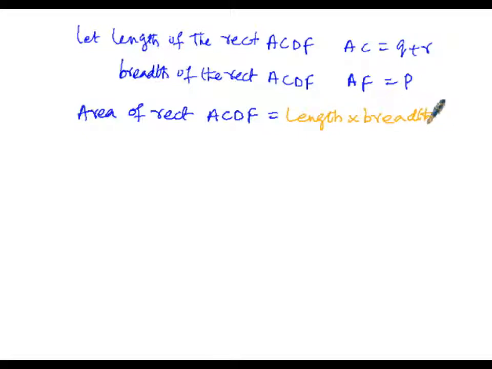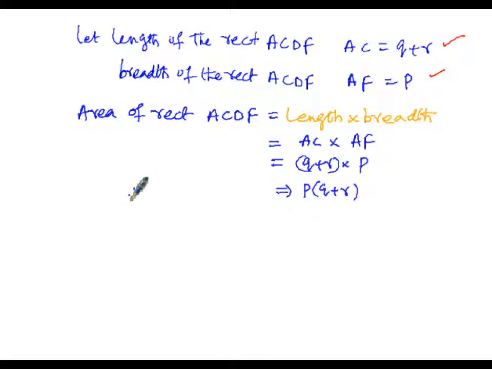That equals length AC and breadth AF, where AC is Q plus R and AF is P. So instead of AC we can write Q plus R into AF, which is P, or this can also be written as P into Q plus R. So in this manner I got the area of the big rectangle ACDF equal to P into Q plus R. Let us write this as equation number 1.